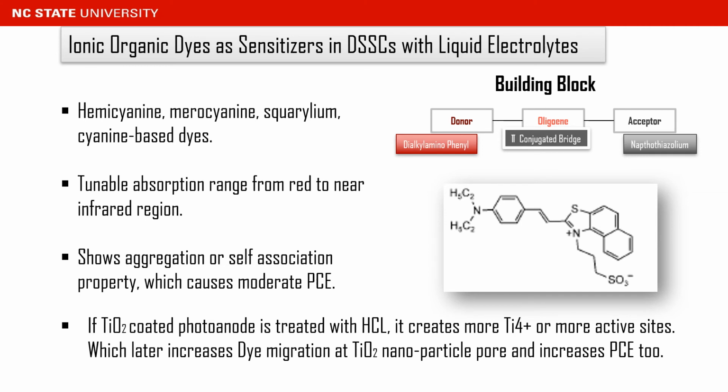To improve the power conversion efficiency, we have to prevent self-aggregation. For this reason, if the titanium oxide coated photoanode is treated with hydrochloric acid, it creates more active sites, which increases dye migration into the titanium oxide nanoparticle pores, prevents self-aggregation of dyes, and increases power conversion efficiency.